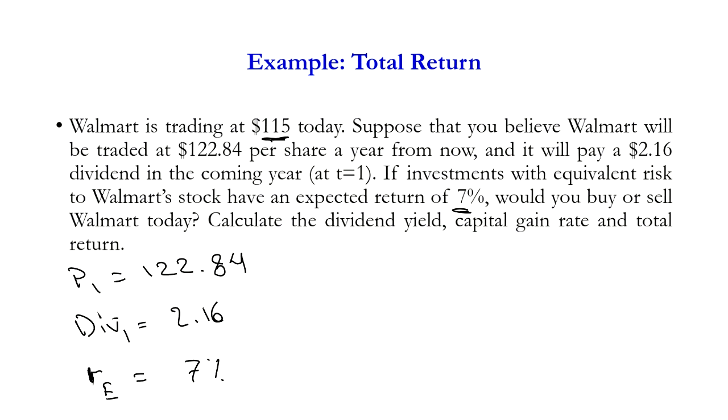If I want to calculate the price, I can simply write the formula P0 equals P1 plus D1 divided by 1 plus RE. The second part of the question says to calculate the dividend yield, capital gain rate, and the total return.